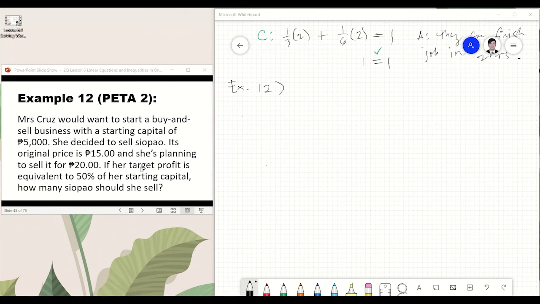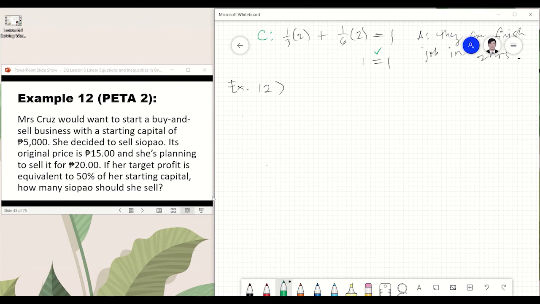Pero, talking about profit, so yung gusto niya, 50% sa starting capital. So, 50% ng 5,000. Yan yung gusto niya, yung profit na gusto niya, yung makuha from her 5,000 pesos. So, 5,000 pesos plus yung dagdag. Dapat 50% siya sa 5,000. So the question now is how many siopaw should she sell? This is the case.